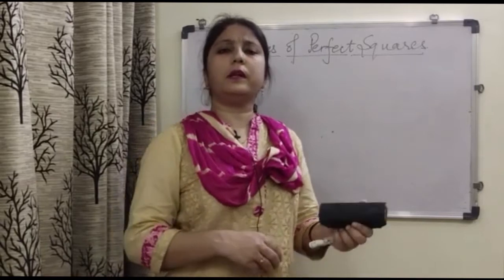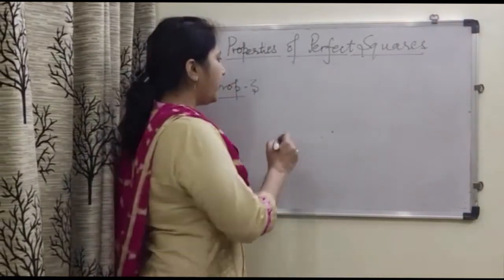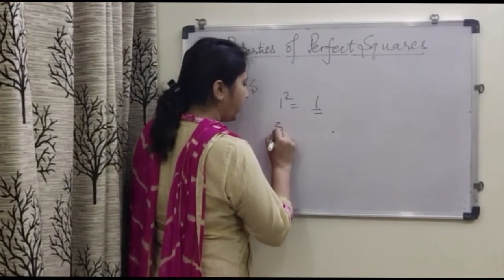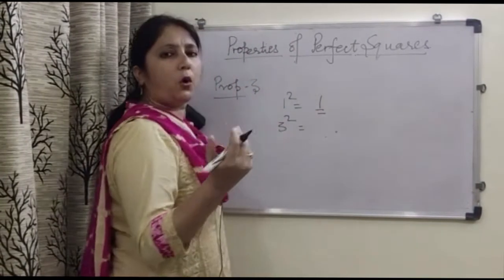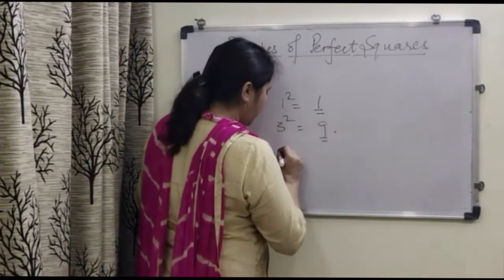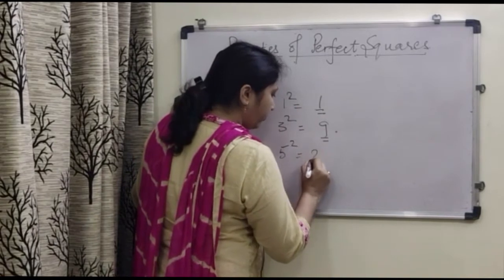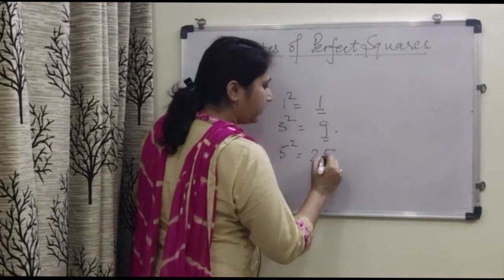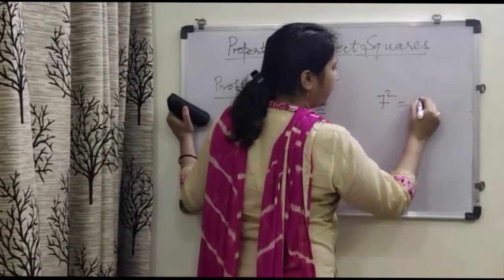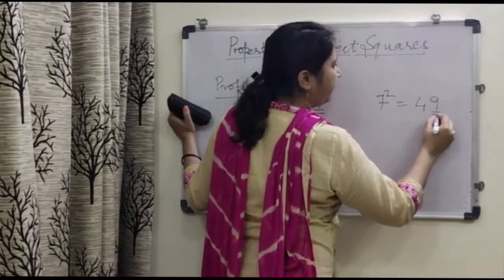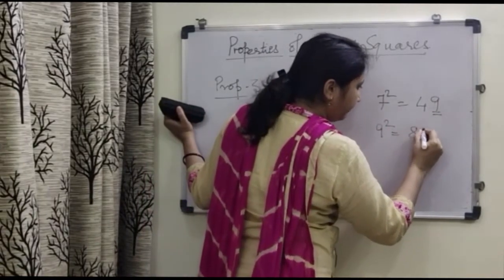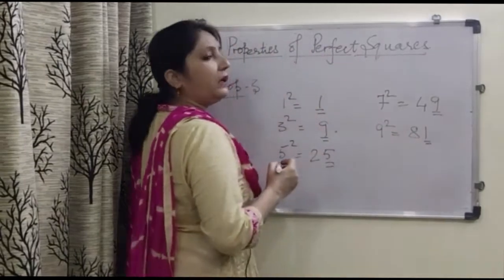If you recall the table where we had the square of 1 that ends with 1, which is an odd number, the square of 3, I am taking up all the odd numbers. The square of 3, that is 9, again an odd number. The square of 5, which is 25, an odd number because it ends with 5. The square of 7 is 49, that ends with 9, again an odd number. The square of 9, that is 81, ending with 1.